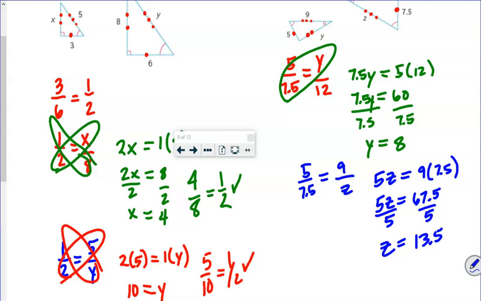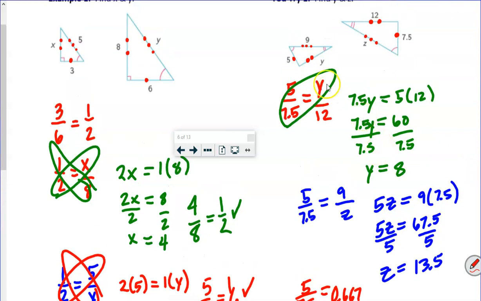Okay, now we want to compare these ratios, okay? So if I take this original one, the 5 over the 7.5, and I put that in my calculator, I get 0.667. It rounds to that, right? Now we're going to keep trying these and see what we get. So now when we do our 2 dot one, we got our y, which is 8 over our 12, right?